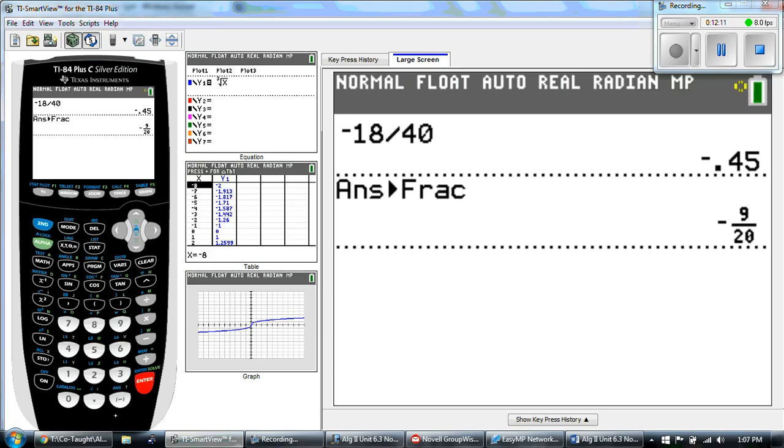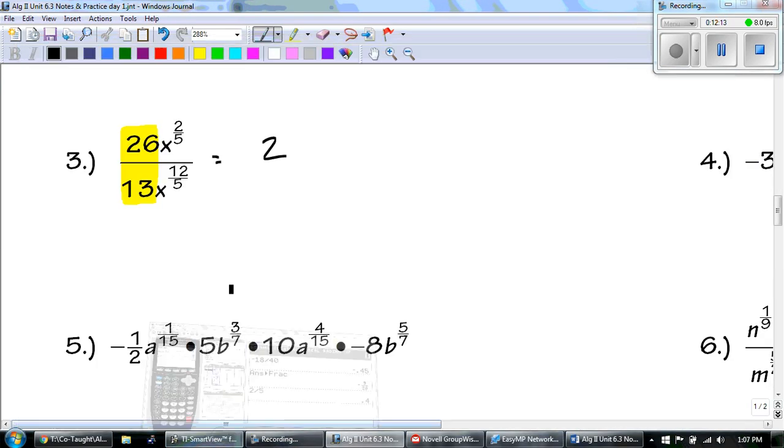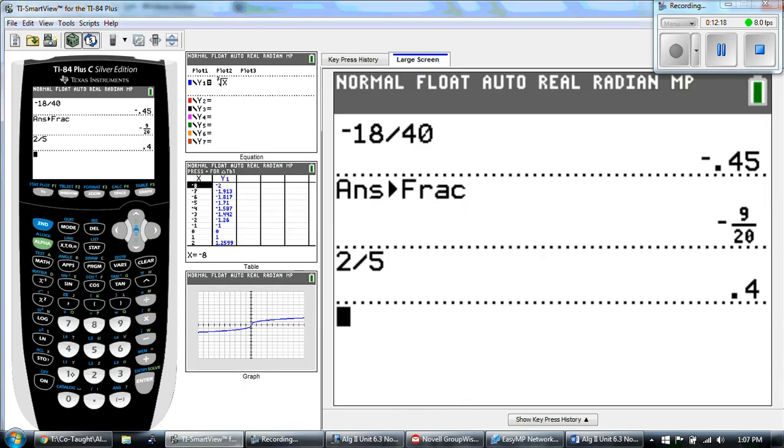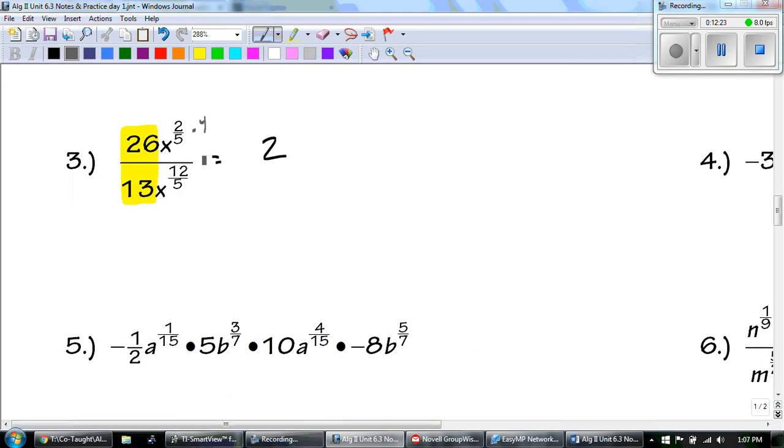2/5, which is 0.4, or 12 divided by 5? 12 divided by 5 is 2.4. Well, that's easy. 2.4 is bigger.